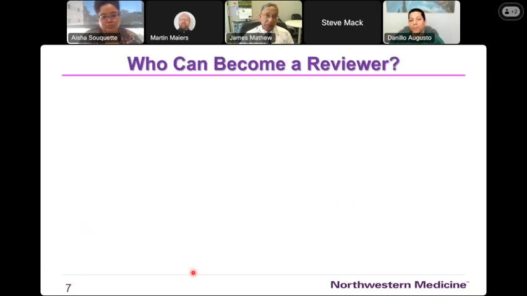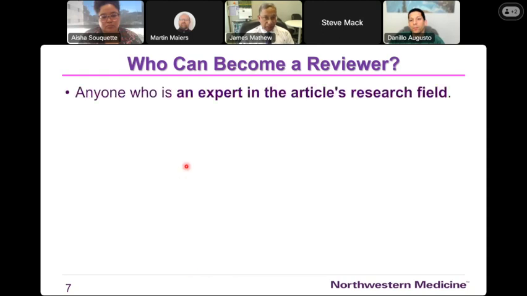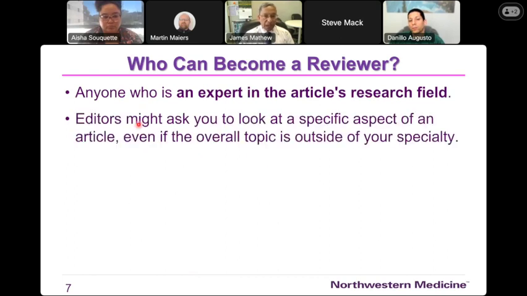But take heart, who can become a reviewer? Anyone who is an expert in the research field of the article's field of research. Occasionally, the editors may ask you to look at a specific aspect of the article. For example, statisticians look at the statistics portion of the article.